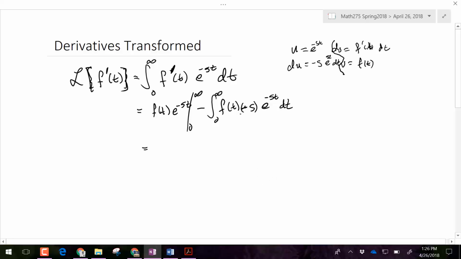So we have f of t e to the minus st taken from 0 to infinity. I'm being a little bit more relaxed with the limit as b goes off to infinity. And then this should be a plus s integral from 0 to infinity of f of t e to the minus st.